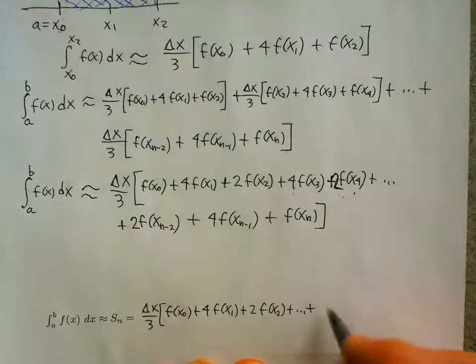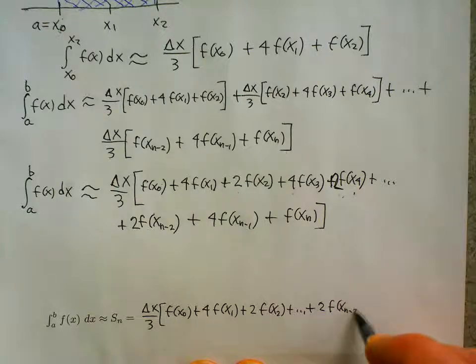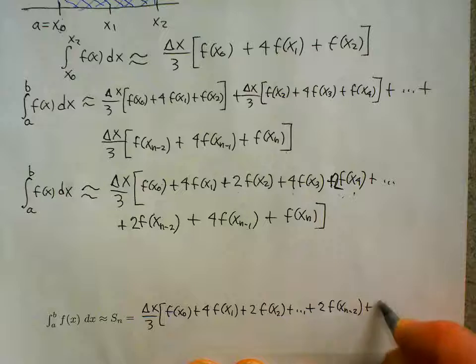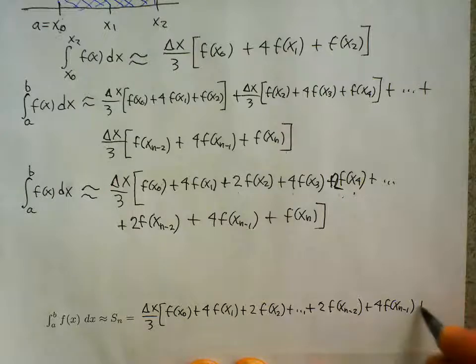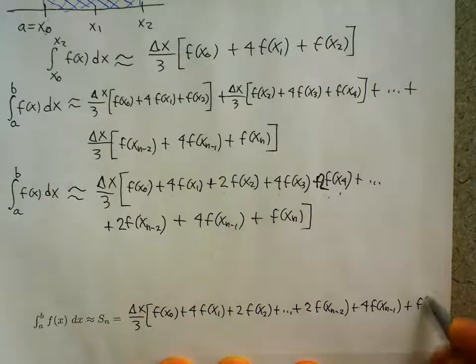And then at the other end, we have 2 times f of x of n minus 2 plus 4 times f of x of n minus 1 plus f of x of n.